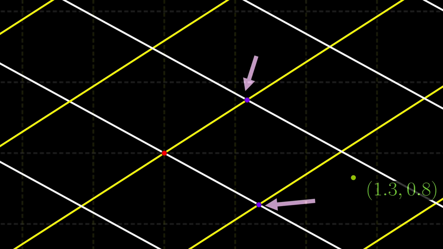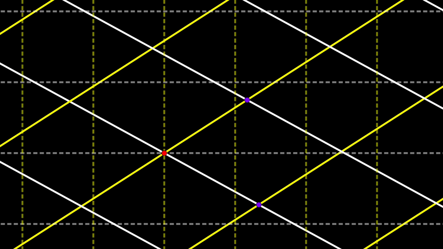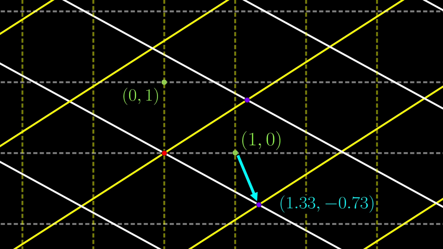To represent the locations of these 2 points, we need to refer back to the original coordinates. The point (1, 0) on the horizontal axis gets mapped to the point (1.33, -0.73) in this case, and (0, 1) on the vertical axis gets mapped to the point (1.17, 0.75) in this case.